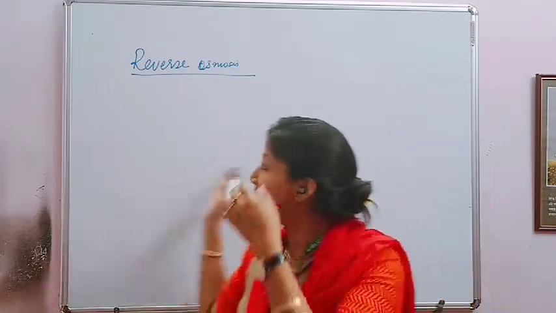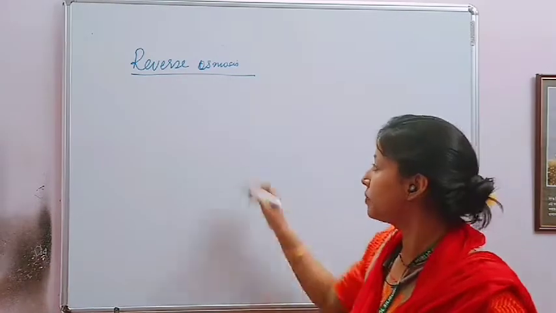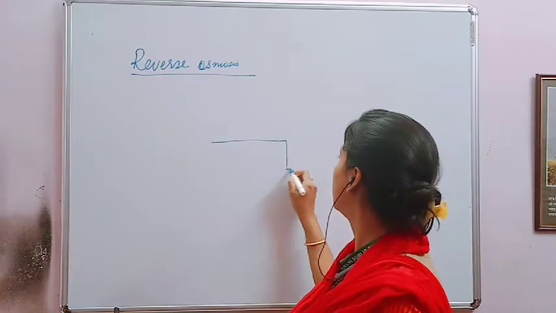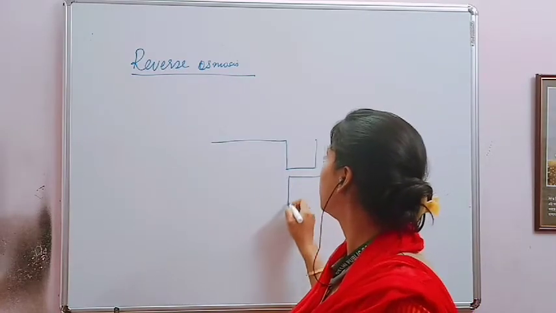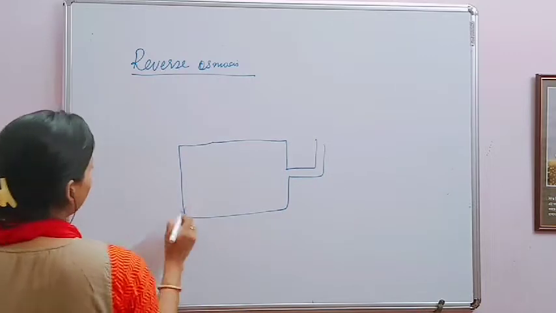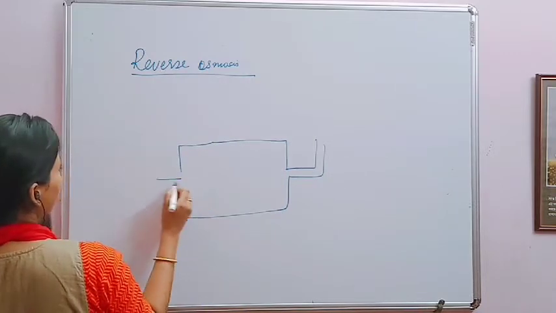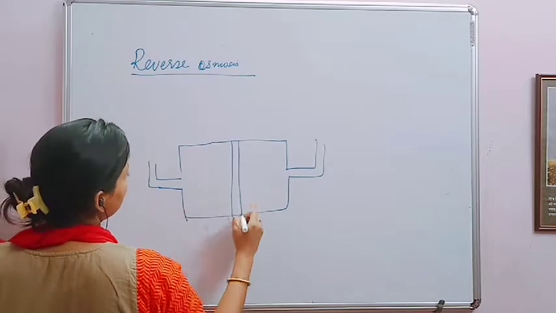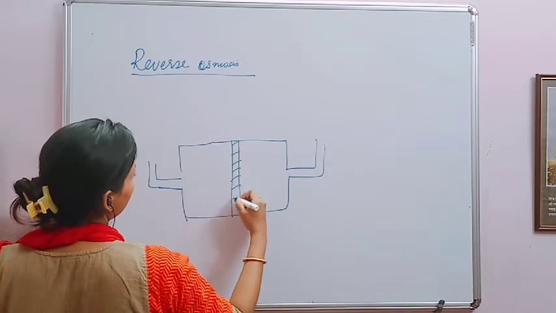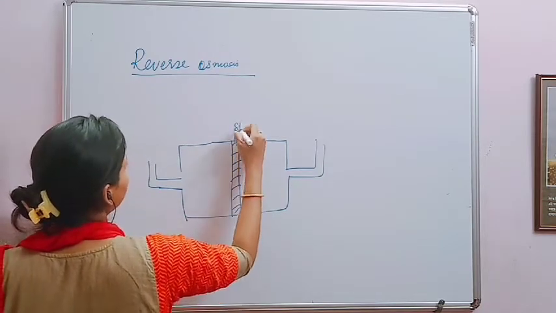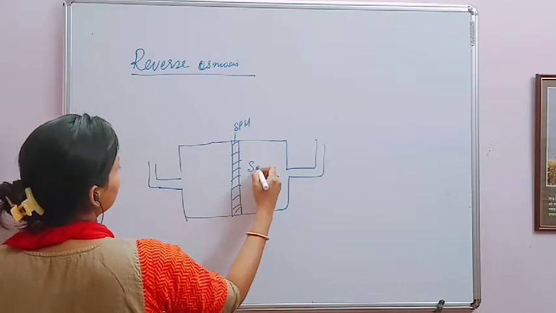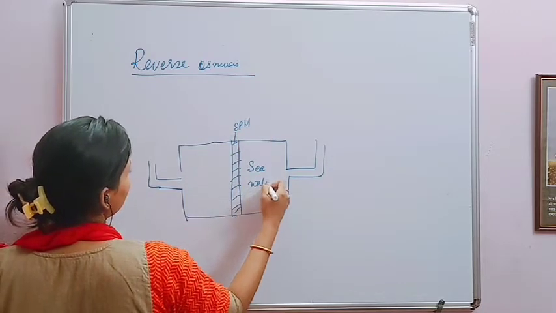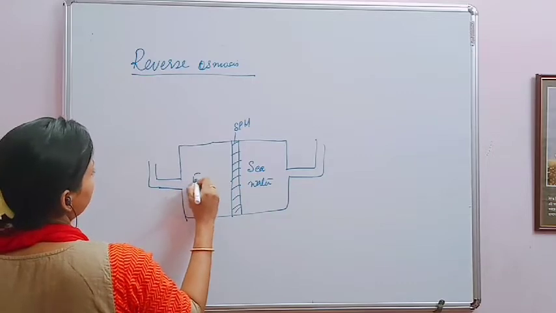Now I'll explain this with the help of a figure. So I have these two vessels which are again separated by a semi-permeable membrane, SPM. I'll take seawater on this side and fresh water on this side.